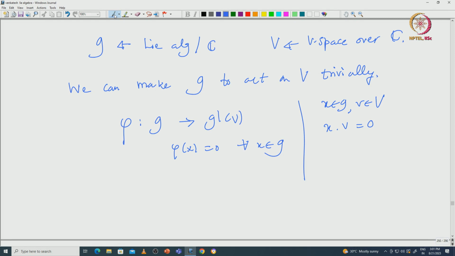Sometimes we also say, let's fix some terminologies. We say this is a trivial action on V. Okay.